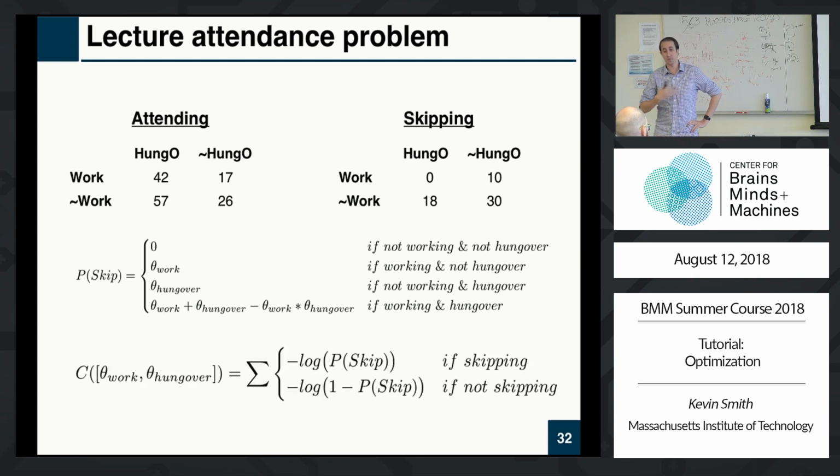And then, just as we did for the urns problem, we can say that the cost of each observation, if you skip, is the negative log probability of skipping. If not, it's negative log of 1 minus that probability. So this gets us to this cost function over these different parameters. We now have a cost function of 2 parameters, and we can try to find the maximum likelihood estimates of these two.